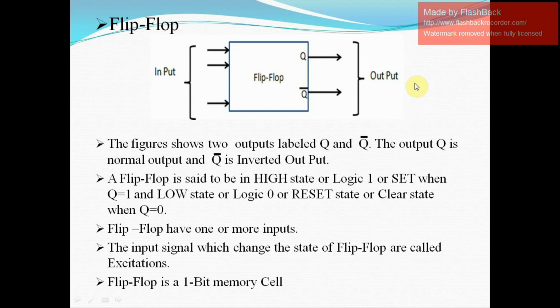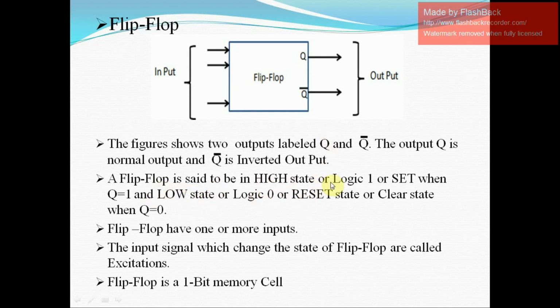The flip-flop has inputs and outputs, and there are two outputs. One is Q, another is Q bar. Q is the normal output and Q bar is the complement or inverted version of Q. This flip-flop has two stable states, one is a high state and another is a low state.